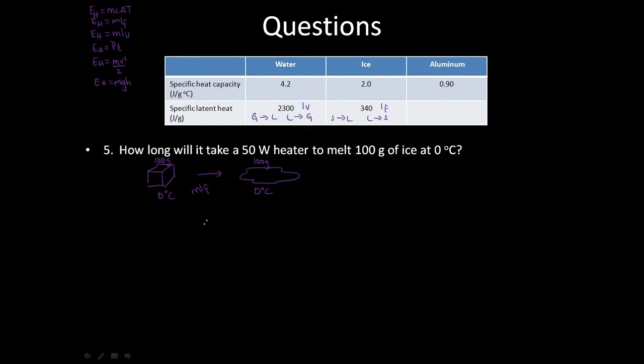Okay? And so in this case, we're going to list all the stuff that we have. We have power. Power has units of watts. So we have power, which is 50 watts. And that is also equivalent to 50 joules per second, because 1 watt is actually equal to 1 joule per second. And then we have the mass of 100 grams.